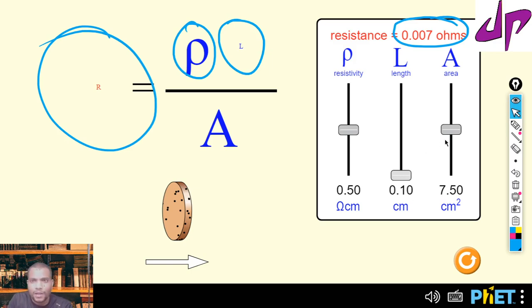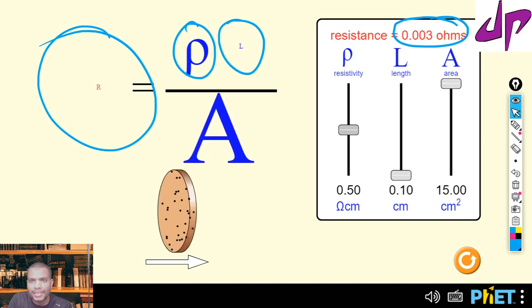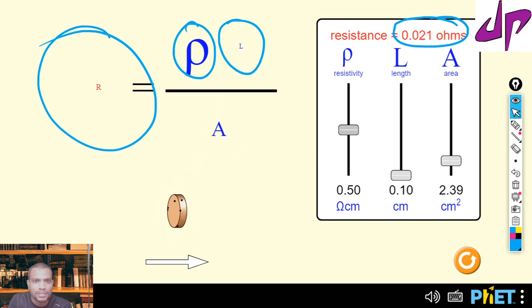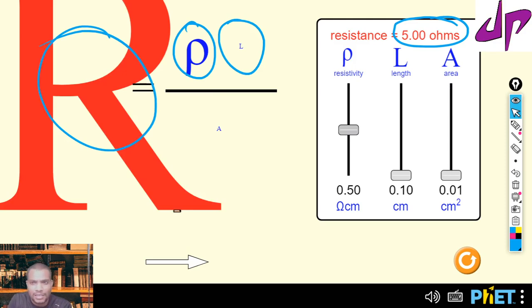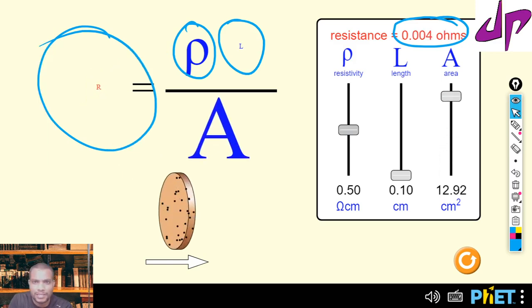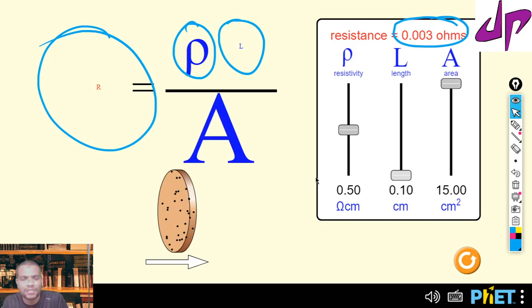Likewise, if we increase the area, the resistance value decreases, and if we decrease the area, the resistance value increases, because it is an inverse relation.